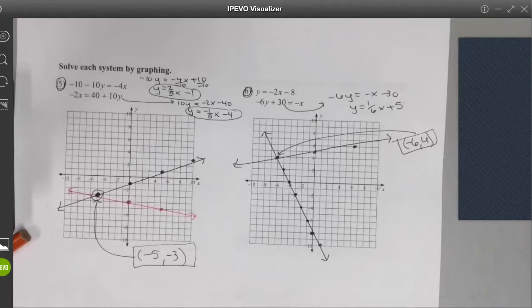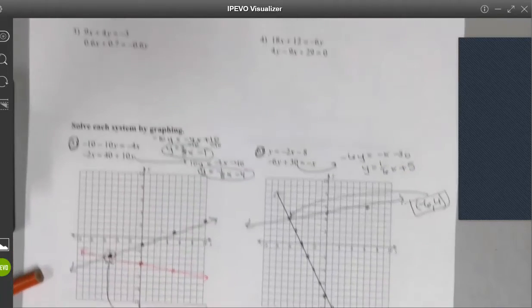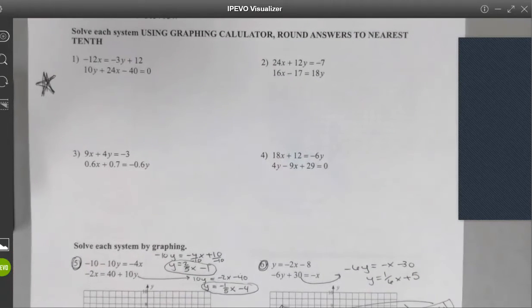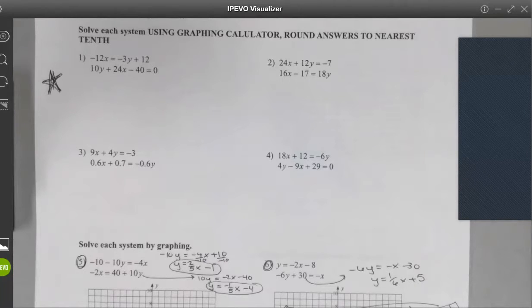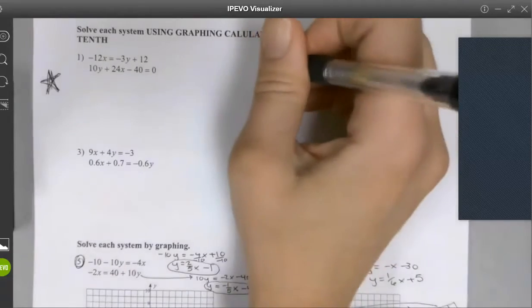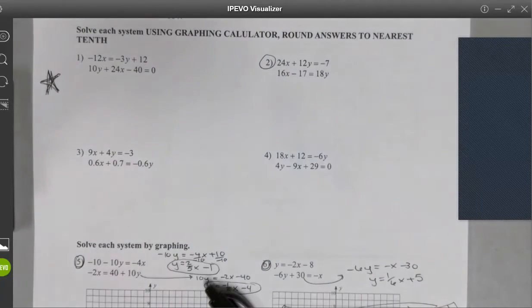Do you want to do a calculator one real quick and we'll go back to solving? Look at one of these. Yesterday they asked about 2. So I'll give you a minute.